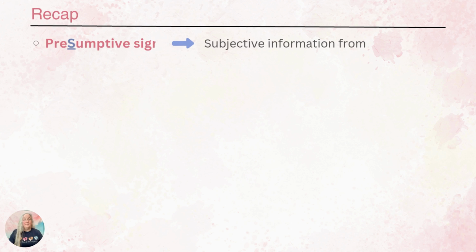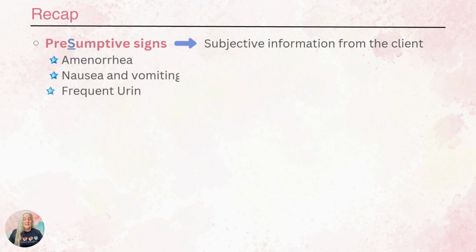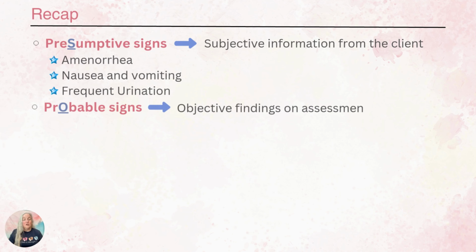So let's recap. Presumptive signs are subjective information from the client. The word presumptive has an S in it to remind us that our presumptive findings are subjective. This includes things like amenorrhea, nausea and vomiting, and frequent urination. Probable signs are objective findings on assessment, and probable has the word O in it to remind us that this is our objective findings.